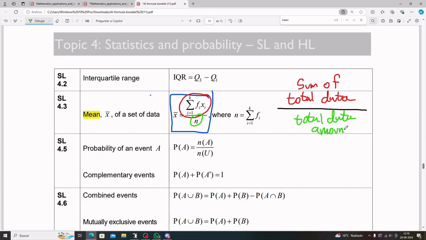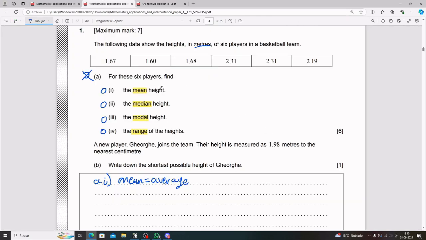Now I know this isn't the fancy math definition, I know this isn't the textbook definition, but for me, intuitively, I like to remember that whatever's on top for mean is going to be the sum of my data, while down at the bottom is going to be the total data in the sense of an amount. What do I mean by this? If up top is going to be the sum, then for the mean height, it's going to be 1.67, which is this first person, plus 1.60, which is the second person, plus 1.68, plus 2.31, plus 2.31, plus 2.19.